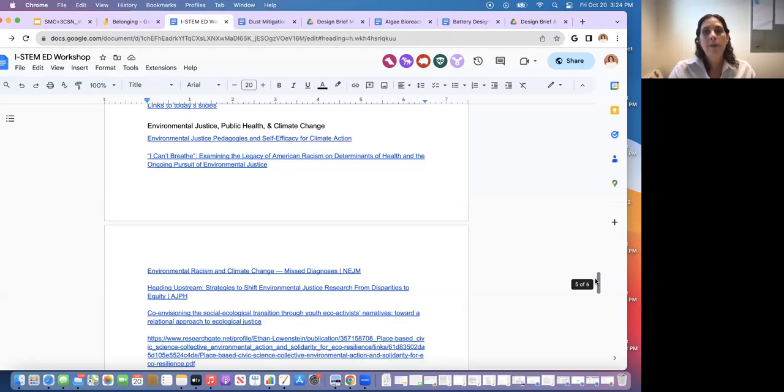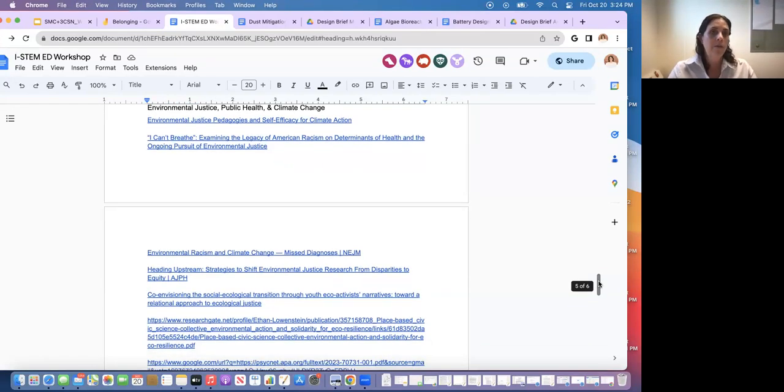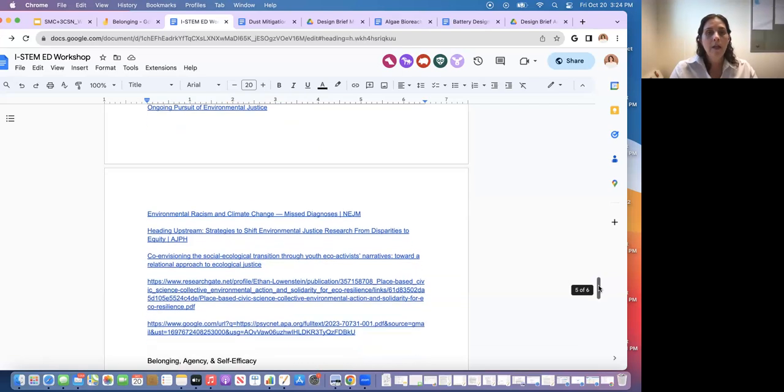So some of the things that have been swirling around in my mind as I think about thoughtful ways to use design challenges is that piece looking at climate and how it affects both public health and how it ends up becoming an environmental justice issue. So thinking about self-efficacy, all of these types of concepts that we've talked about.